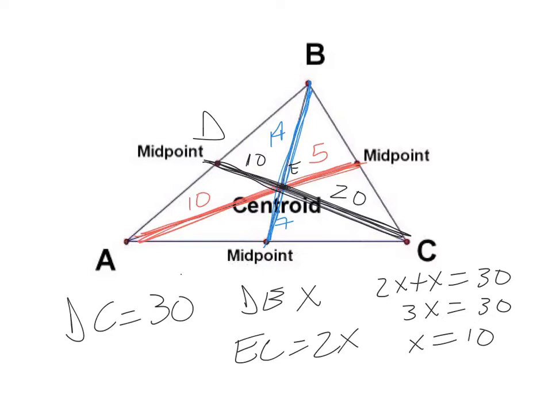You might realize that if you are given the entire length of the median, in this case 30, you would divide by 3 to get the two parts, one of them being 10 and the other one being 20.